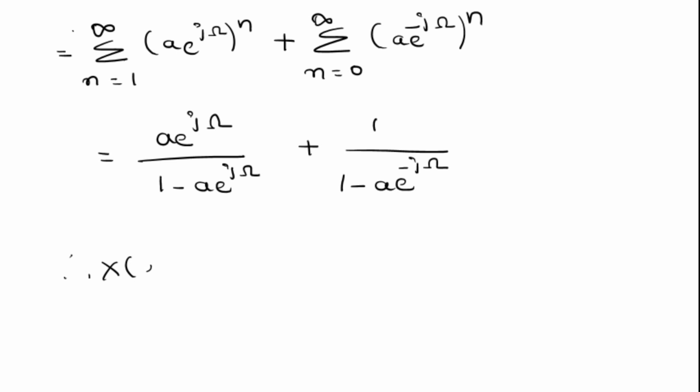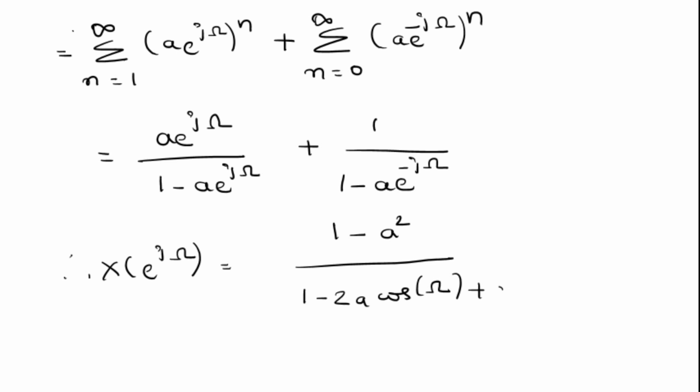Therefore, X of e power j omega is equal to 1 minus a square divided by 1 minus 2a cos omega plus a square.